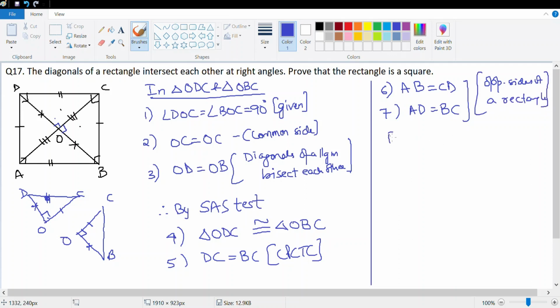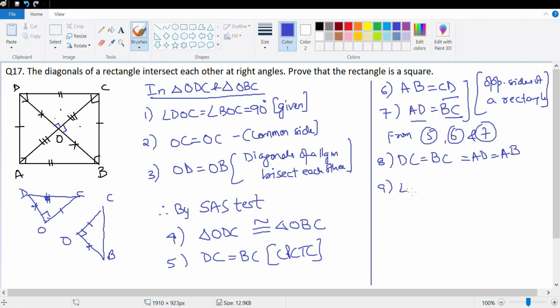Opposite sides of a rectangle. So from 5, 6 and 7 I get DC is equal to BC, which is equal to AD, which is equal to AB. And number 9 would be angle BAD is equal to angle ABC is equal to angle BCD is equal to angle CDA is equal to 90 degree.